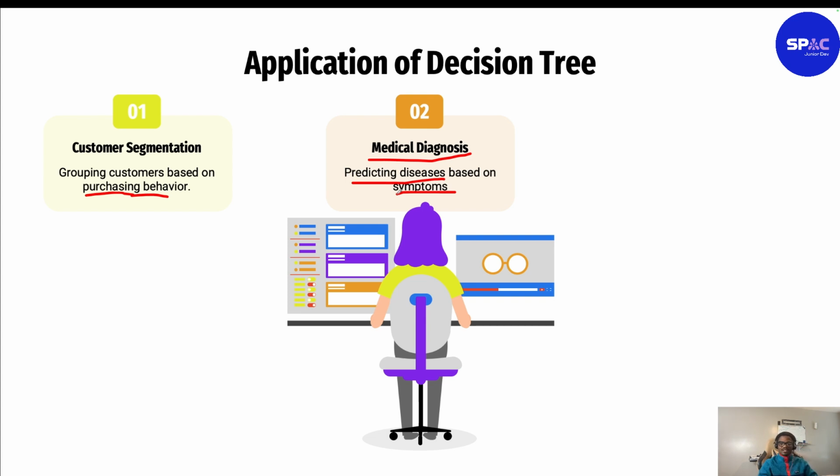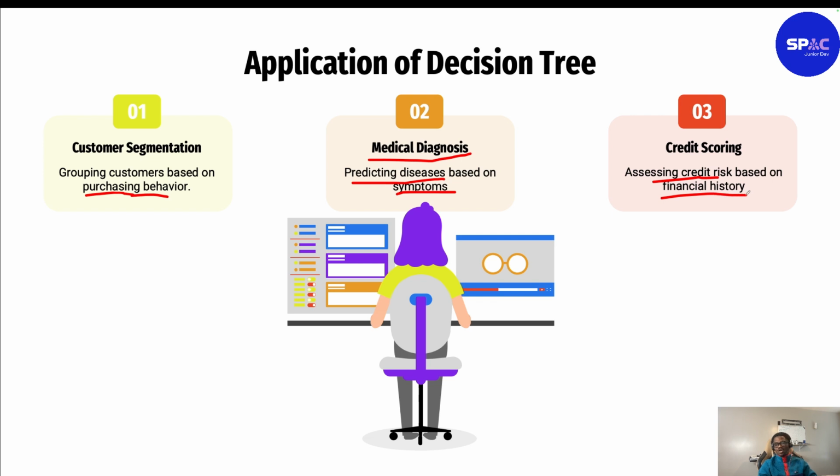They also use something like this for credit scoring, assessing credit risk. If a bank wants to lend you money, they will ask you some questions, like are you employed or not, yes or no? How much do you collect as salary if you're employed?